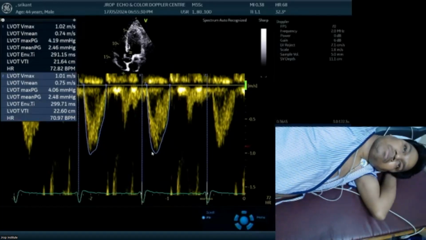The distance blood traveled with every stroke is known as the velocity time integral, or VTI. The velocity is this, the peak velocity. And if you average all the velocities together by tracing the Doppler envelope, you get the mean velocity. Okay, sir.